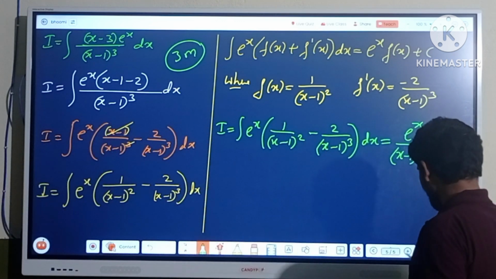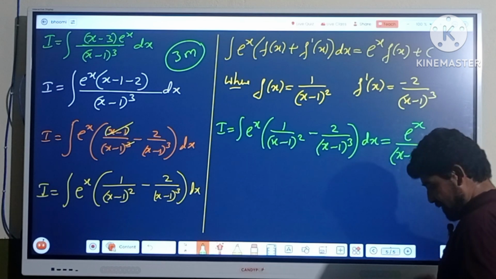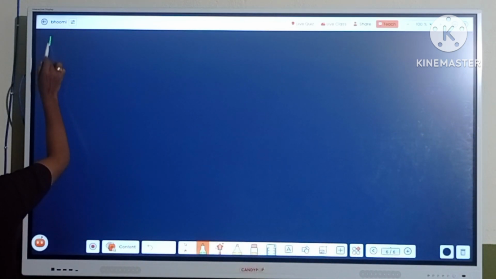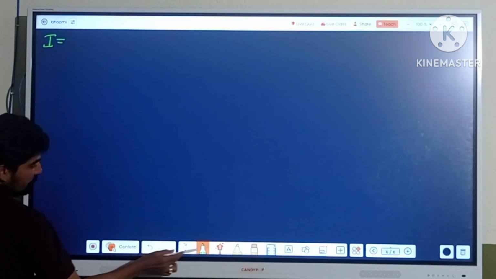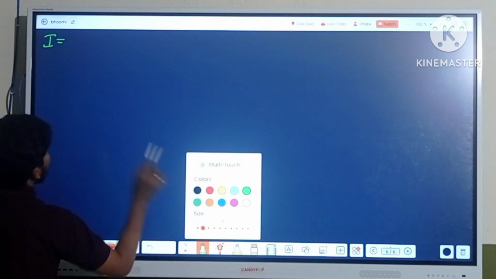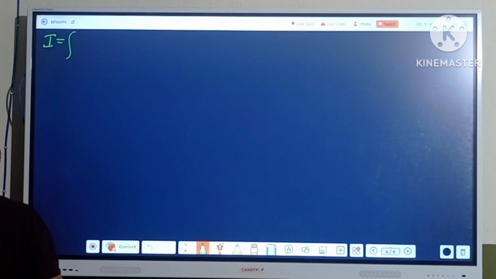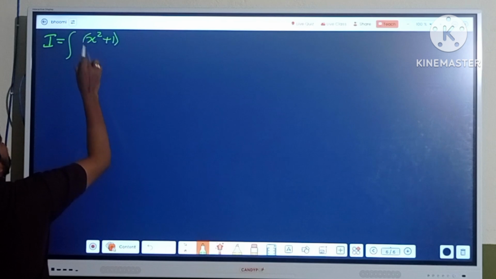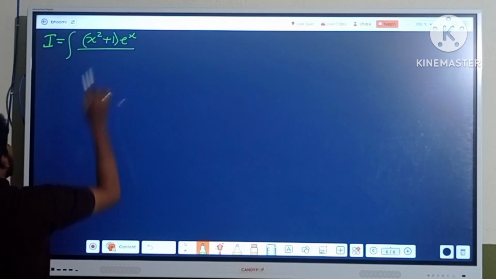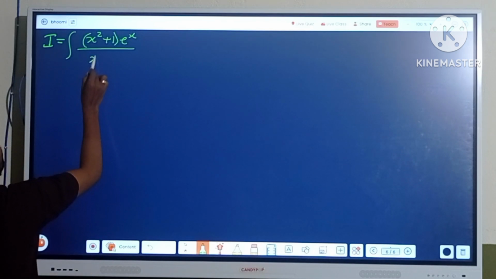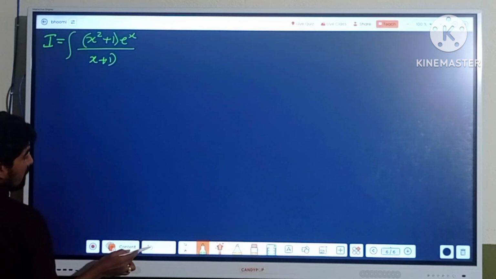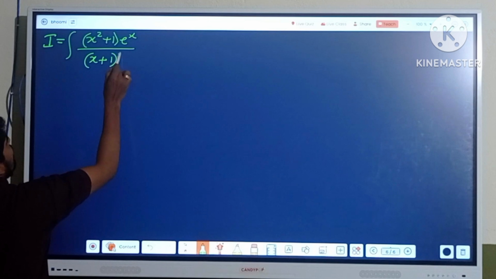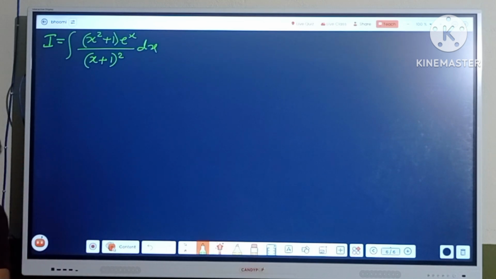In the last example, this type of problem, that is, find the integral I is equal to the integration of (x square plus 1) into e power x divided by (x plus 1) whole square with respect to x.